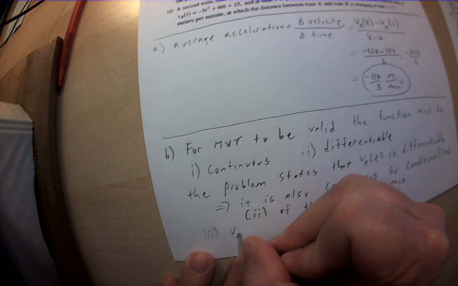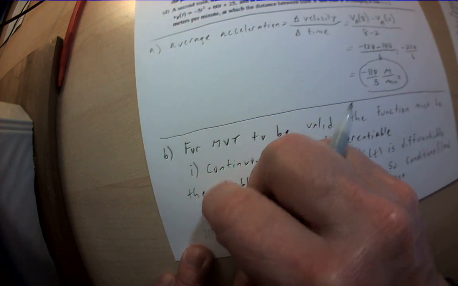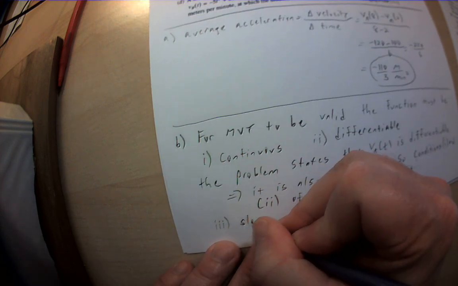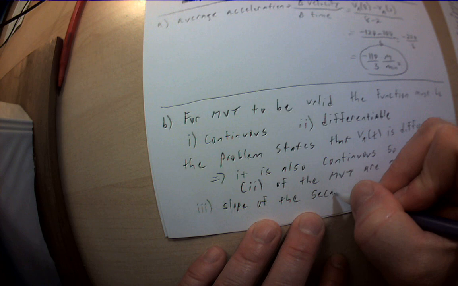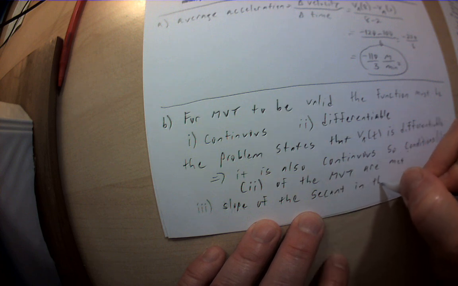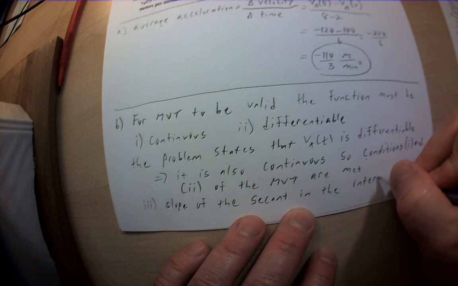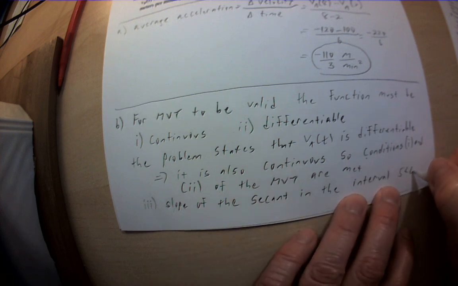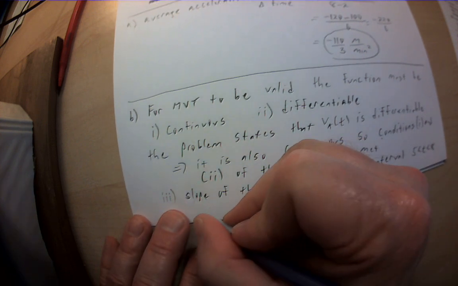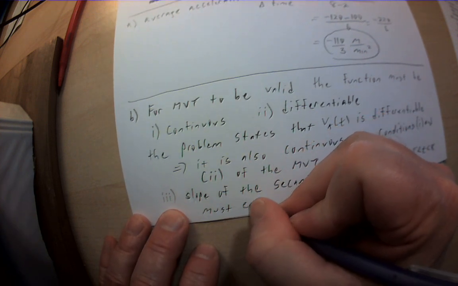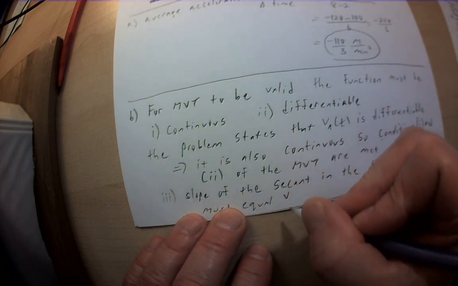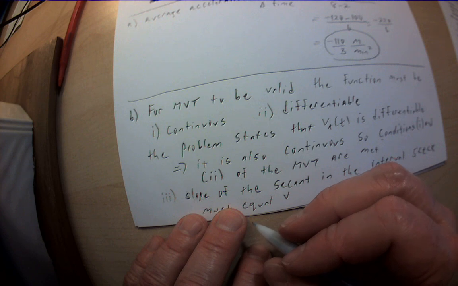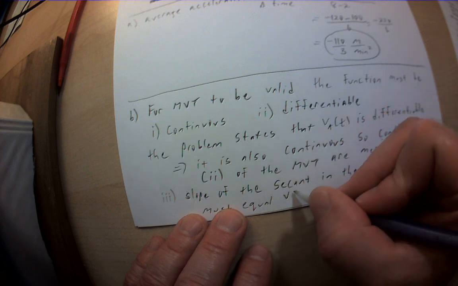So the third condition is the slope of the secant in the interval 5 to 8 must equal the derivative f prime of a.